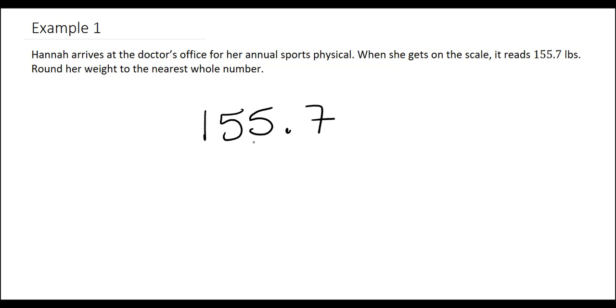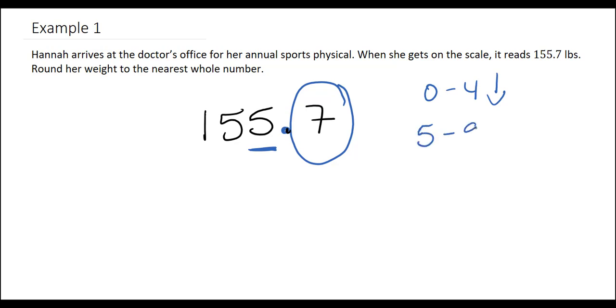We underline that and circle the digit to the right of it, after the decimal. The 7 is between 5 to 9, so we round up.